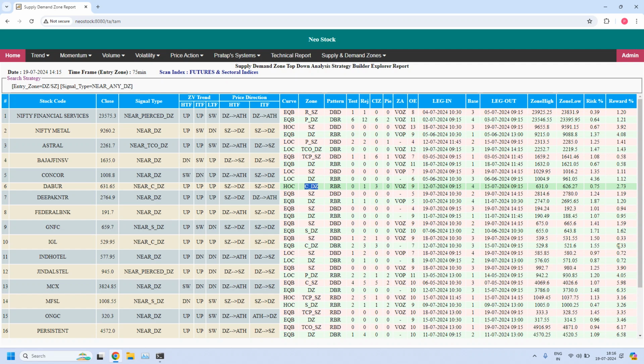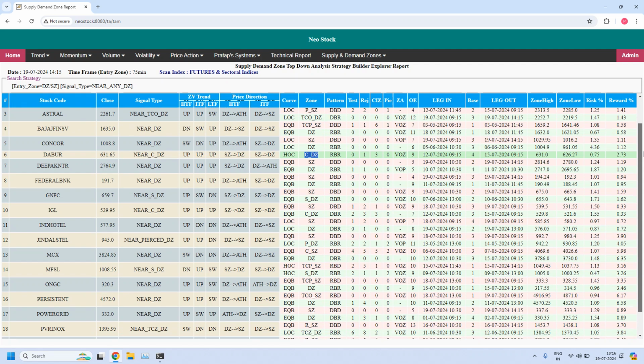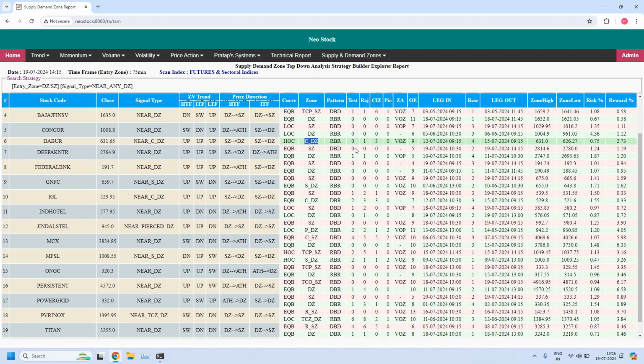So we have Dabur as a high liquidity demand zone. Already tested once, there is a rejection, and a few candles are closed inside the zone. And the next one is ZNFC, a high liquidity demand zone and a fresh zone. And the next one is IZL, also a high liquidity demand zone.